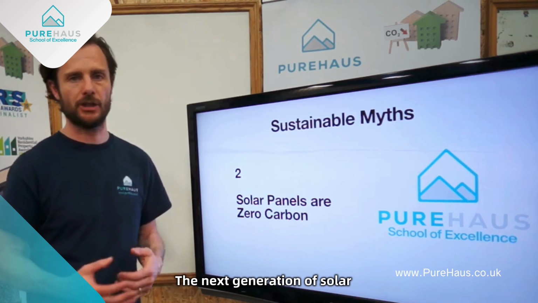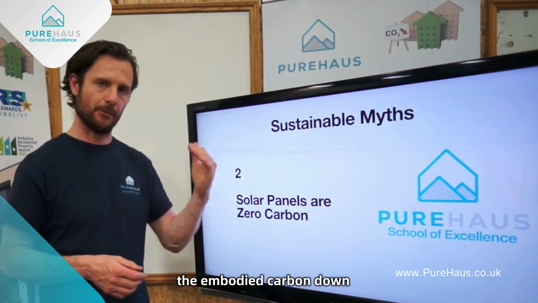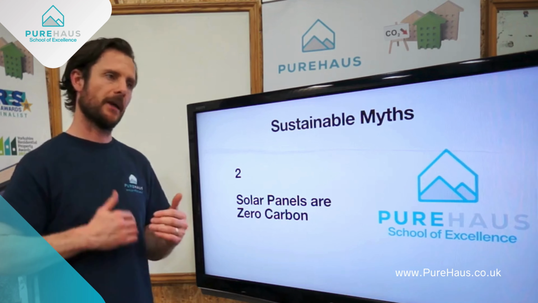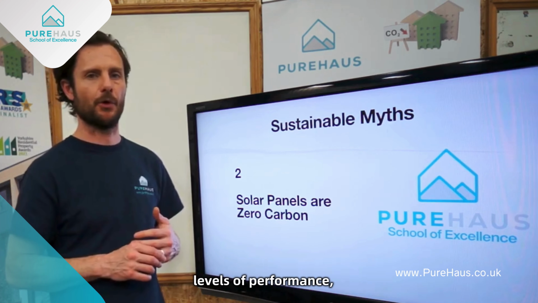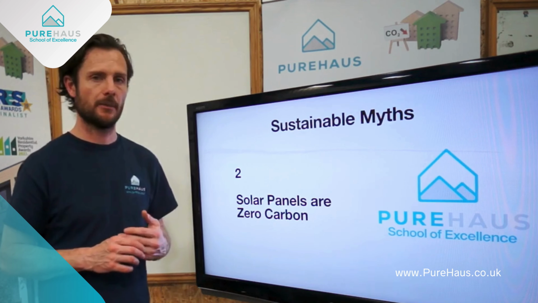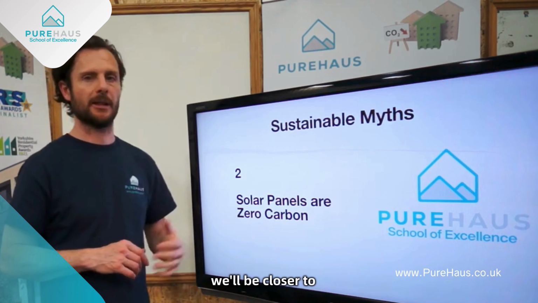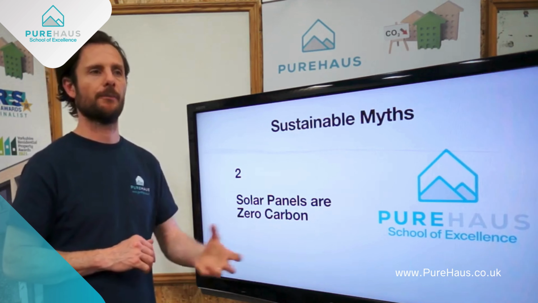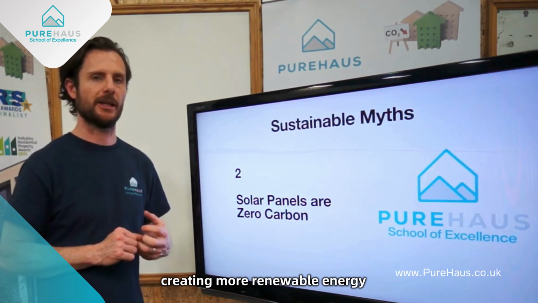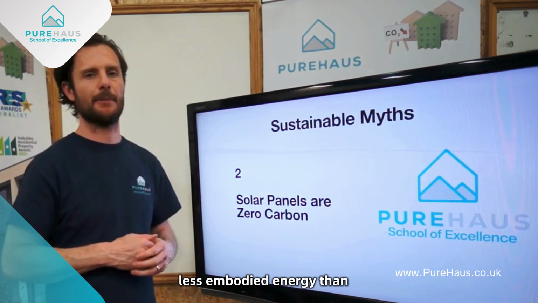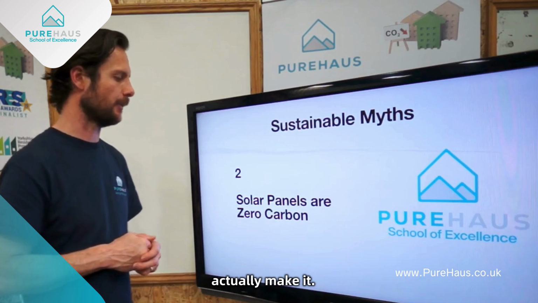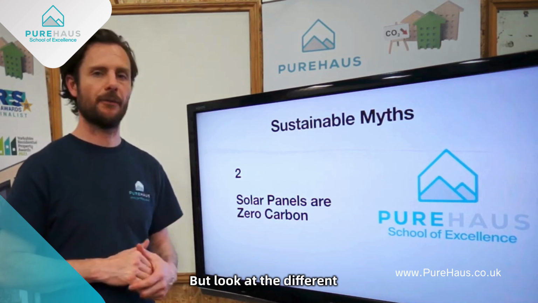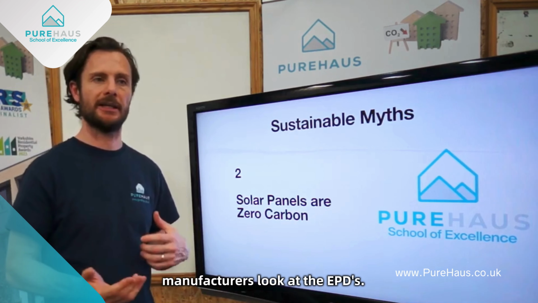The next generation of solar panels looks to be bringing the embodied carbon down and still maintaining high levels of performance, which is excellent because that will mean that we'll be closer to zero carbon. We'll be creating more renewable energy and expelling less embodied energy when actually making it. But look at the different manufacturers, look at the EPDs.